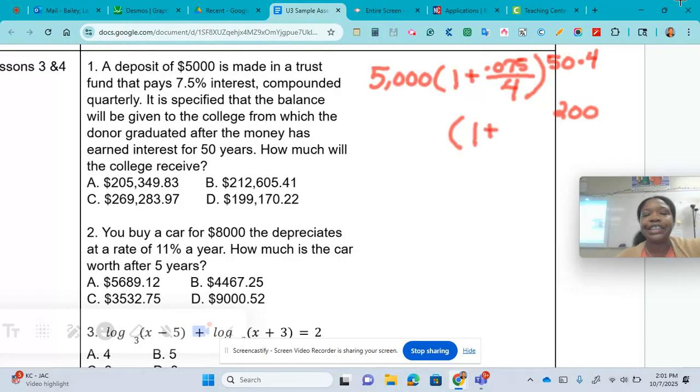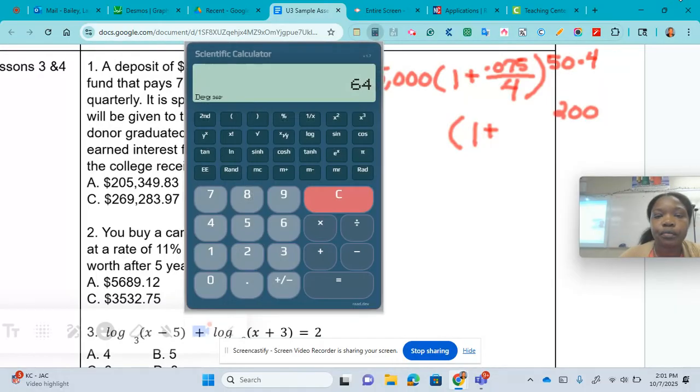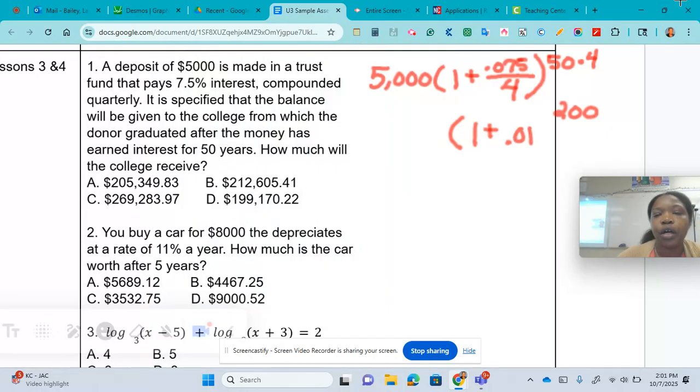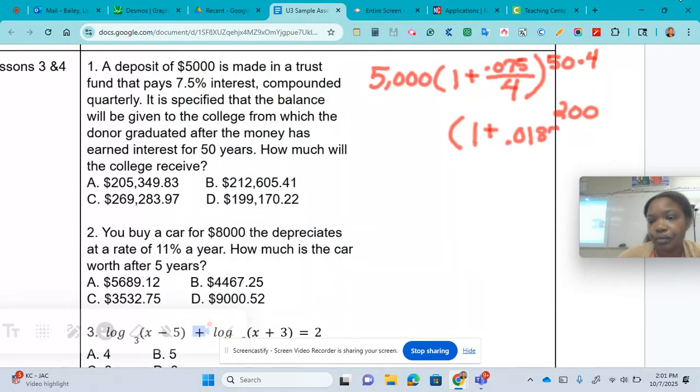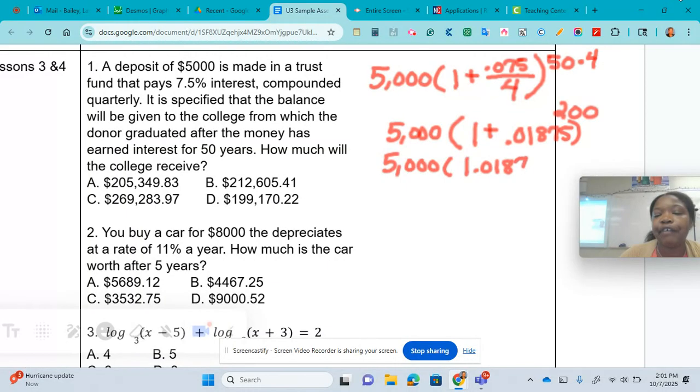You have to do the 0.075 divided by 4 first. And we get this value, 0.01875. We're going to add 1 to the parentheses, so we have 5,000 times 1.01875 raised to the 200th power.